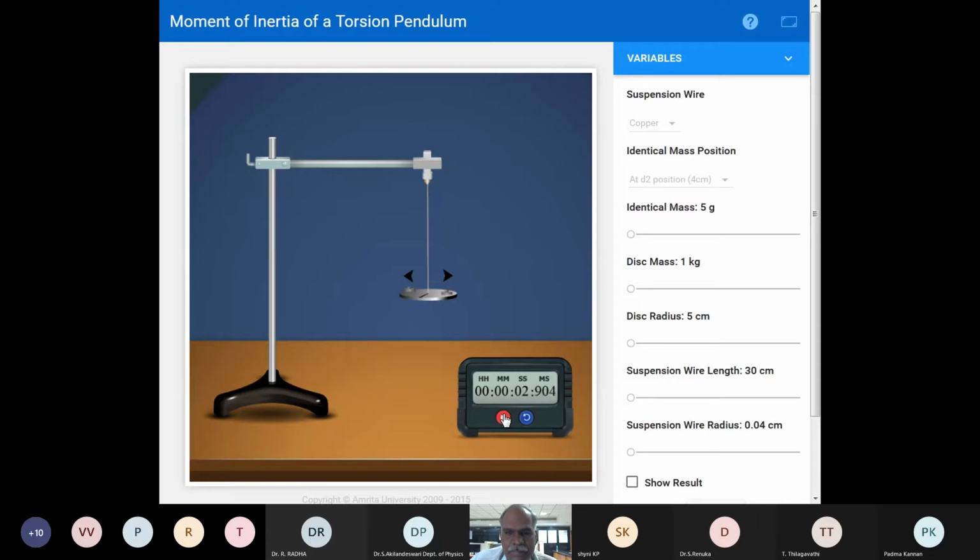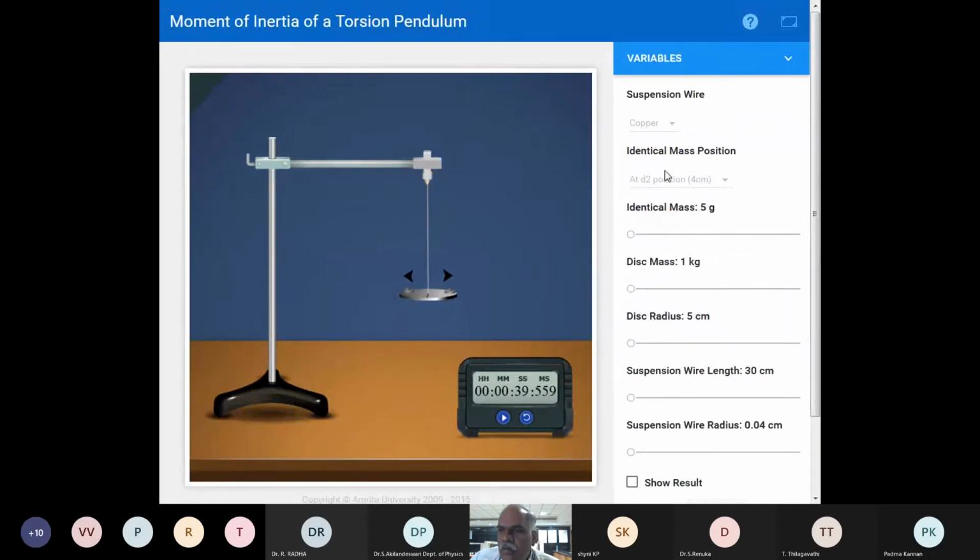So for 10 oscillations, we are counting: 4, 5, then 6, 7, 8, 9, 10. So for 10 oscillations with the mouse at distance D1 is 39 seconds.